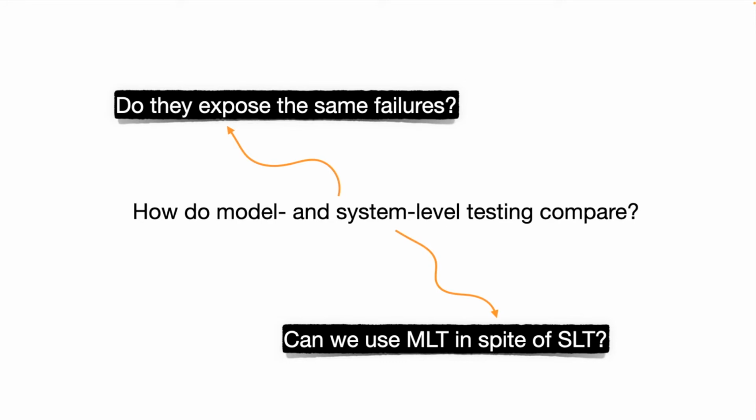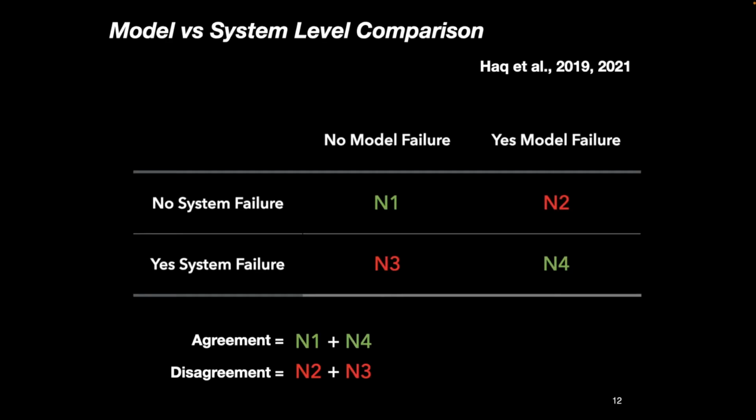People have tried to compare these two, and to make it really short, they generate a large number of scenarios and evaluate all the scenarios according to the model level oracles and the system level oracles. At the end, they build a contingency table to understand when the two kinds of oracles are in agreement, when they both fail or they both succeed, given a specific test configuration.